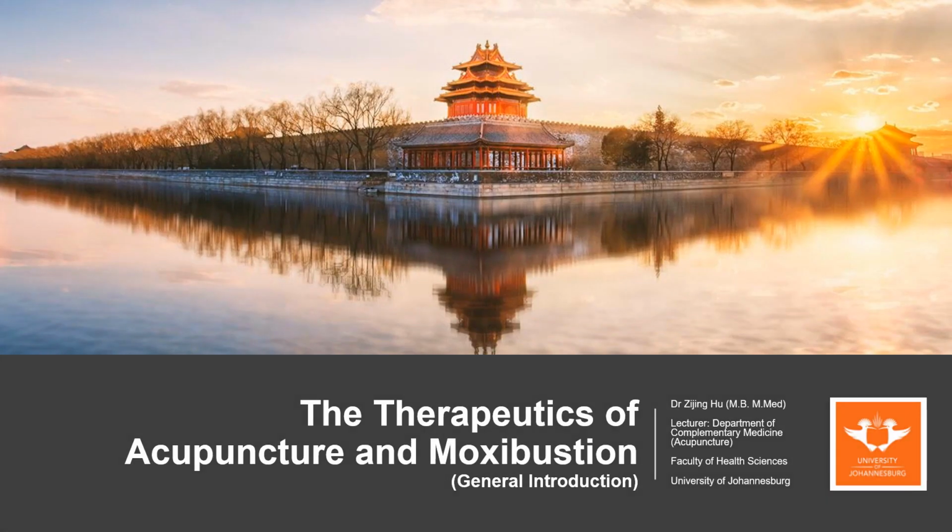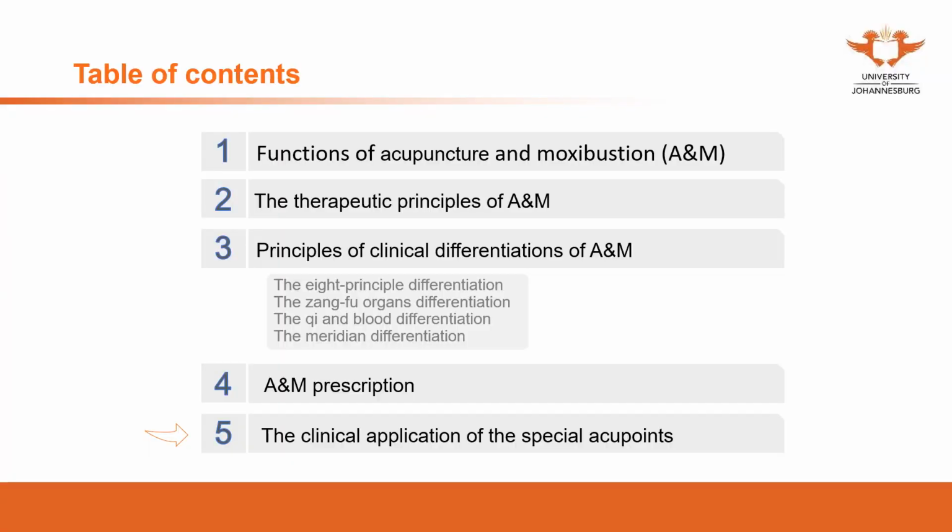Hey class, in this video we are going to discuss some applications of the special acupoints. After studying the meridians and acupoints, we understand that some acupoints belong to different categories.